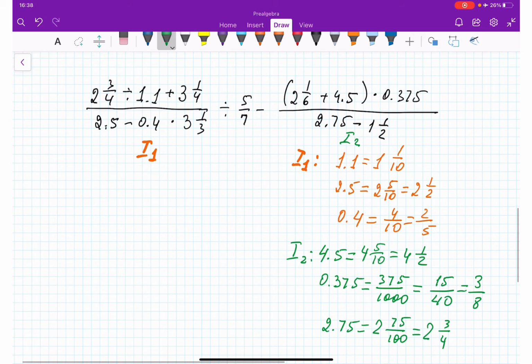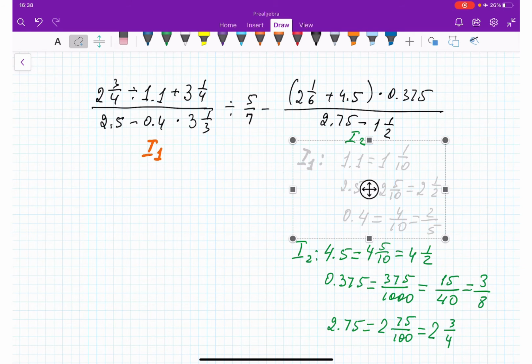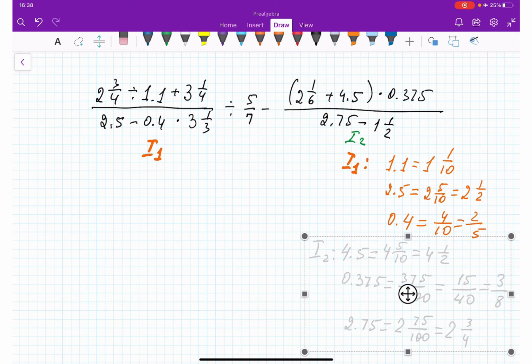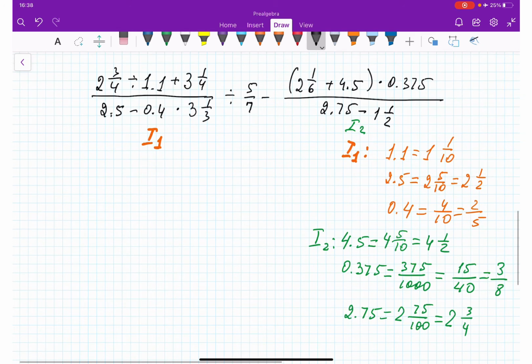Okay, once we have converted everything in simple fractions, we can start simplifying this expression. All right, so what am I going to do? I'm rewriting this expression in the form of simple fractions.